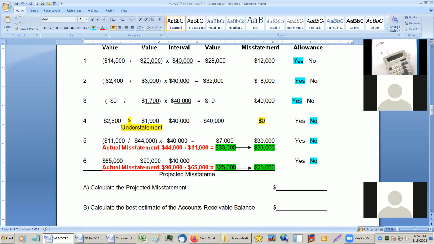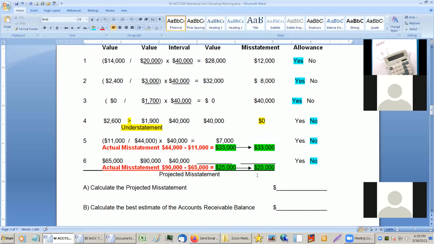So this would be our best estimate as far as what these are misstated by. What is that? By the way, this one shouldn't be there.